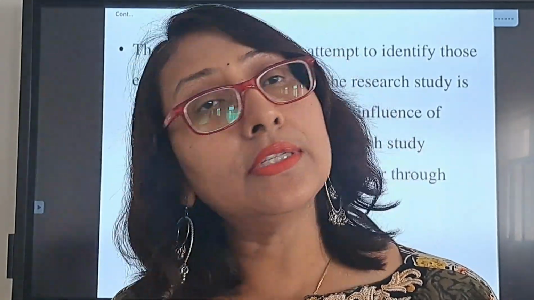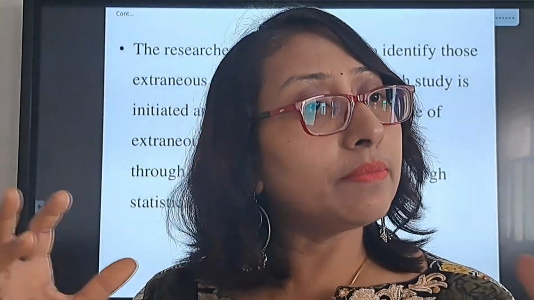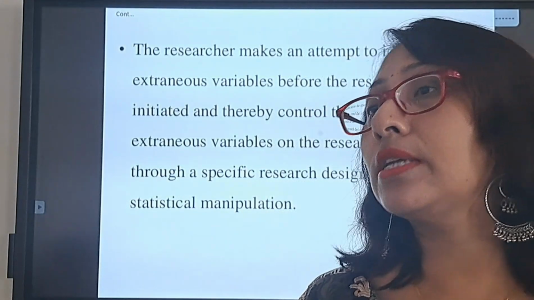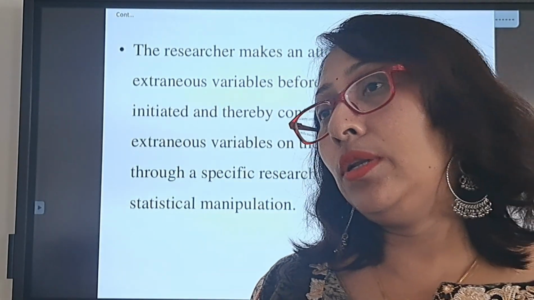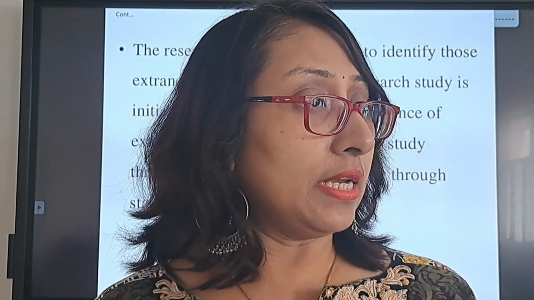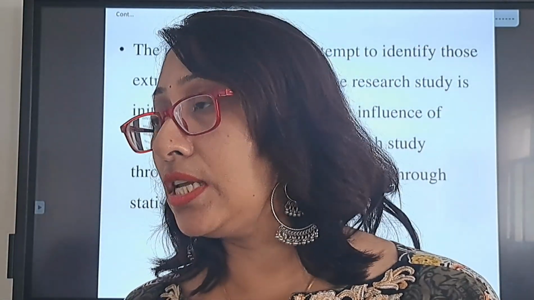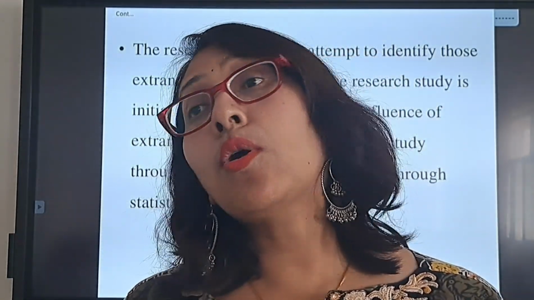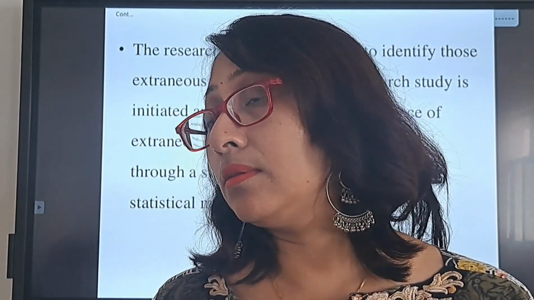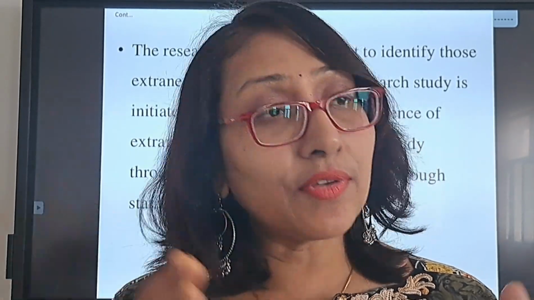So when you do the study in the natural setting, all the extraneous variables will come in contact with your study. So those variables which you can't control, but which are in contact with your study, making some impact of changes between the relationship of independent and dependent variables, are called the limitations of the study, because you can't control them, but they are affecting your study.